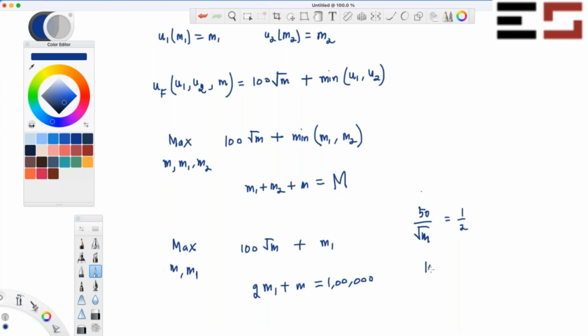So this is 100 equals root m, so m equals 10,000. If m is 10,000, then m1 is 45,000, and that's the same as m2. So according to this specific model, 10,000 is the minimum requirement for the household.